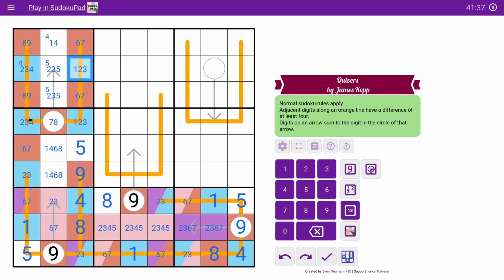6, 7 pair. This can't be a 3 because one of those is a 6. If this is a 6, that helps a bit. It would resolve all of the bottom digits. This is a 3.